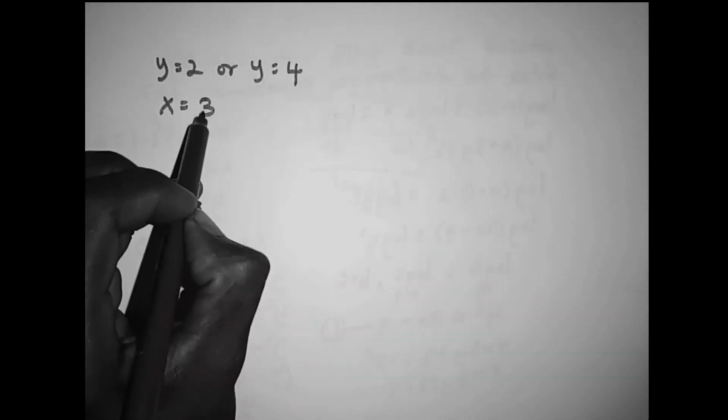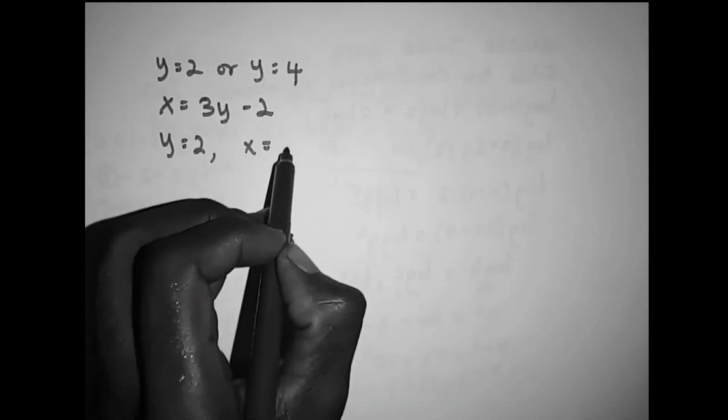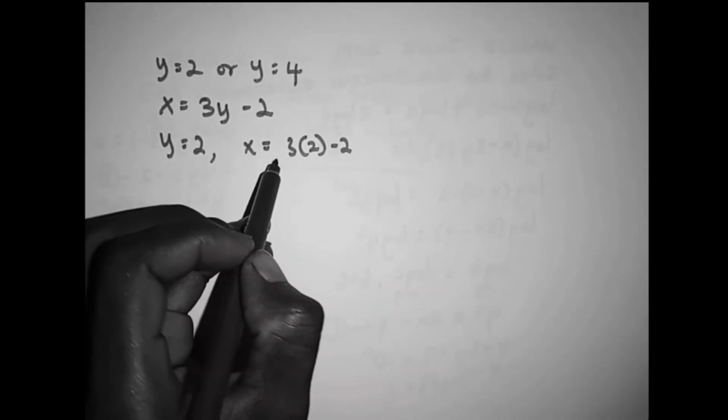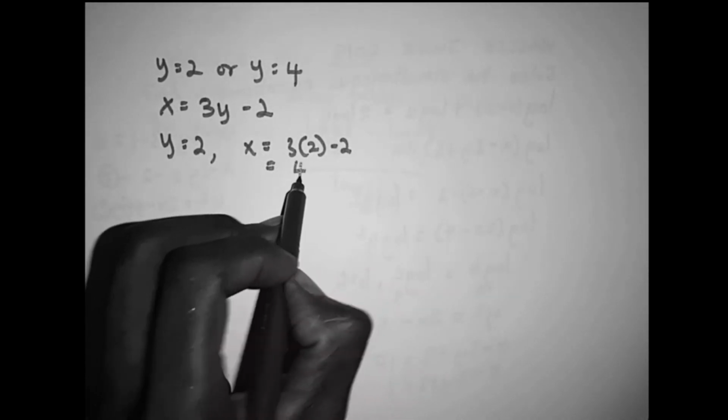But remember that we've said that x is equal to 3y minus 2. So if y is equal to 2, then x is equal to 3 times 2 minus 2, and that is equal to 4.